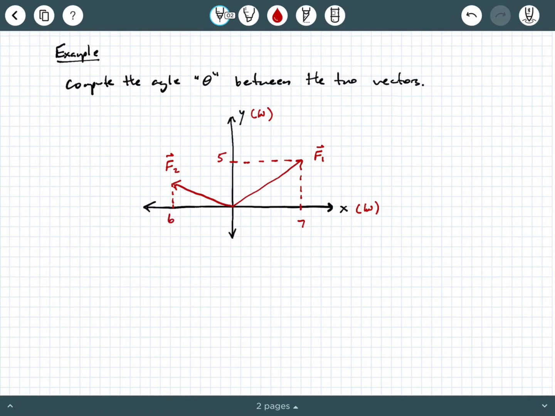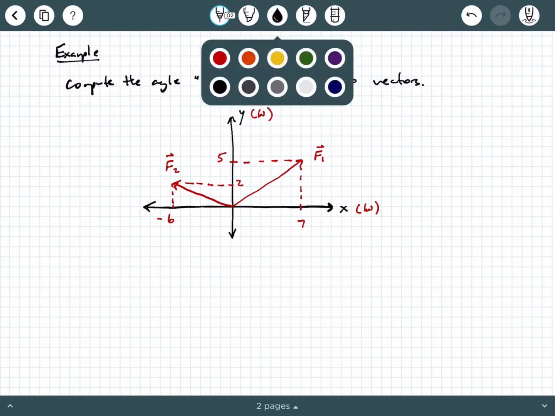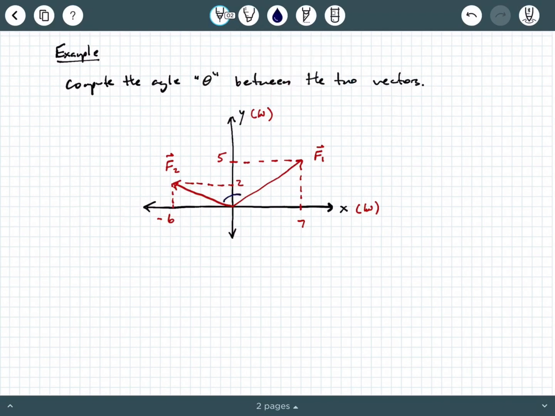This is going to have a location of 6 in the negative x direction, and a height of 2 right here. So this is our given information. The angle that we're being asked to find is this angle theta right in between them.